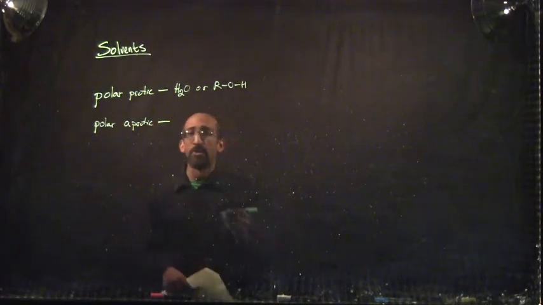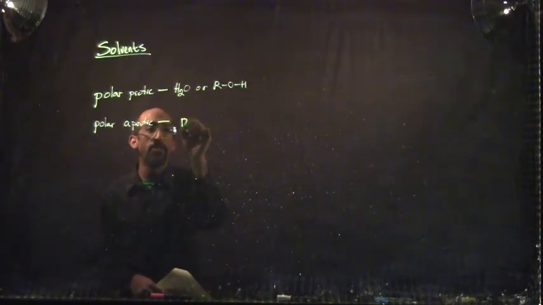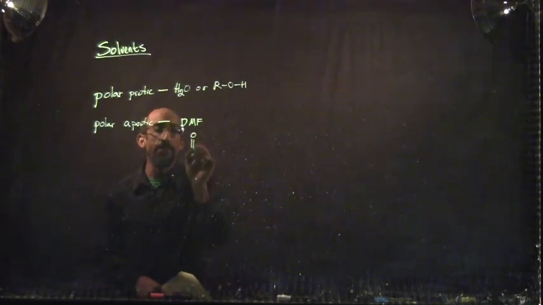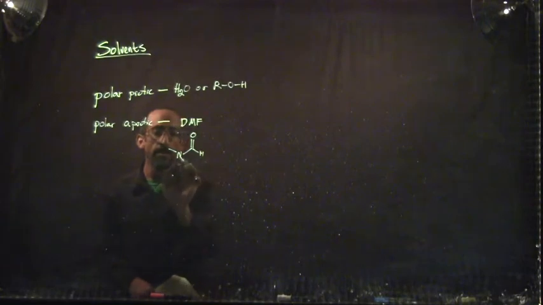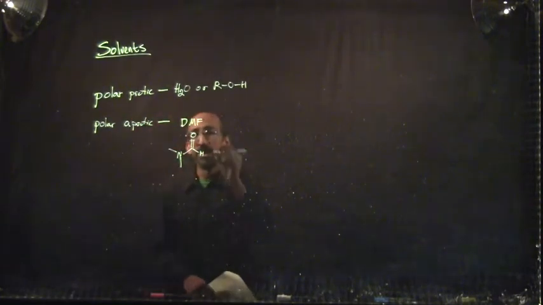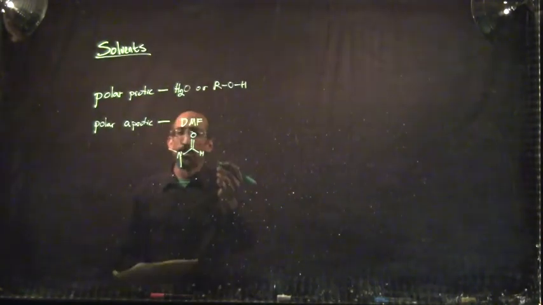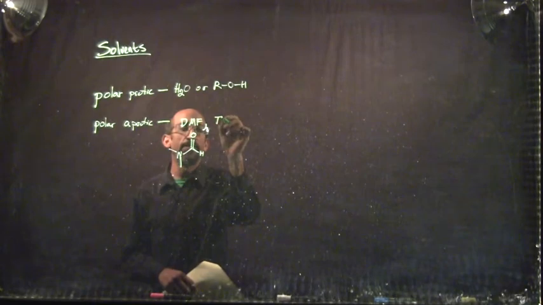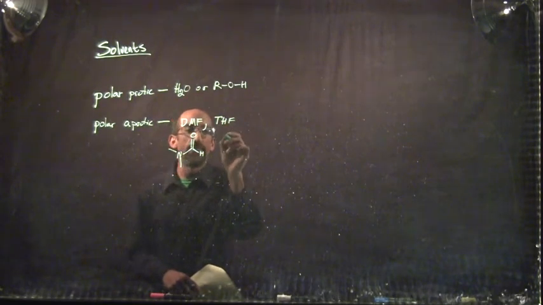And so common ones are DMF, which is dimethylformamide. So here's DMF. Let's get some better bond angles on that, right? Again, we have a polar solvent with no acidic hydrogen. Another frequent one is known as THF, tetrahydrofuran.